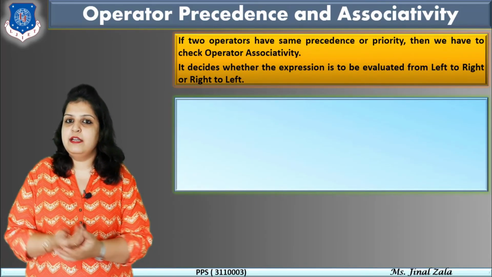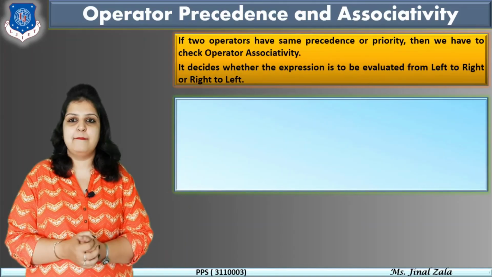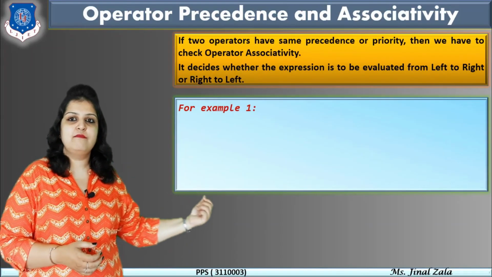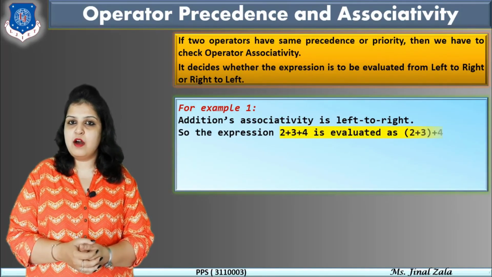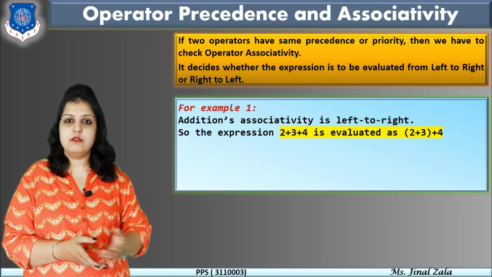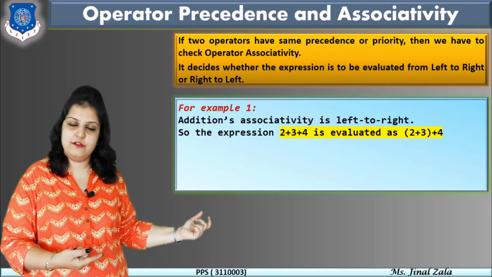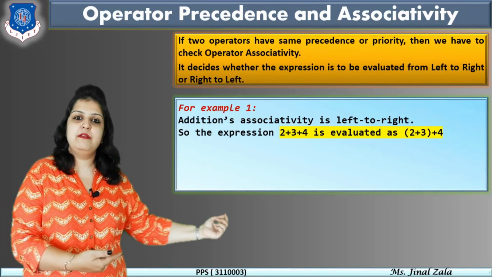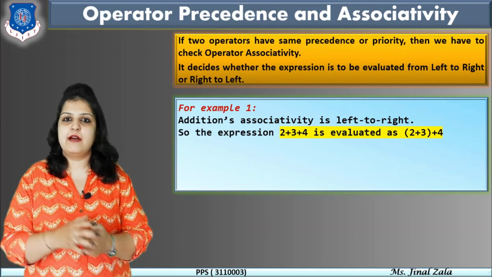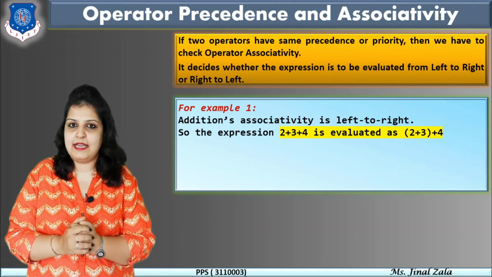So how can we remember? Here just see the example 2 plus 3 plus 4. In this expression it will work from left to right. So 2 plus 3 will be executed and our answer will be 5, and 5 plus 4 will be executed and our final answer we will get as 9.